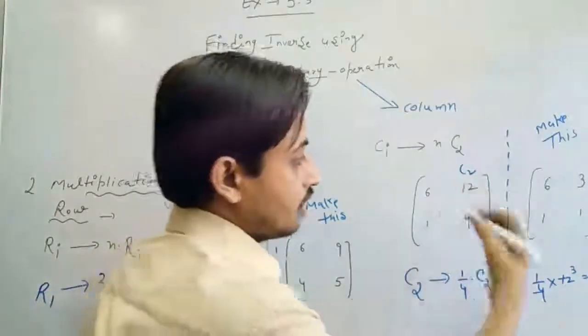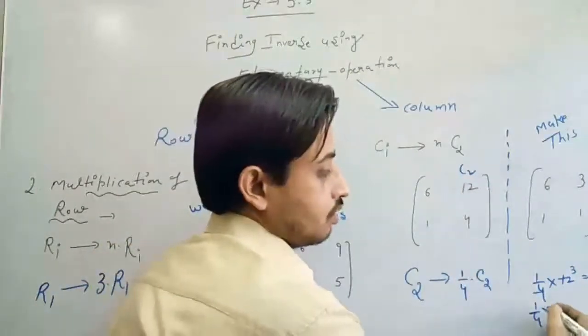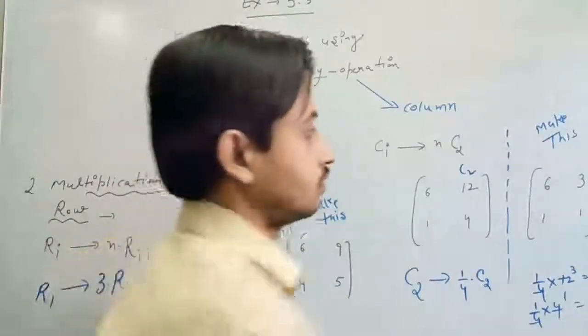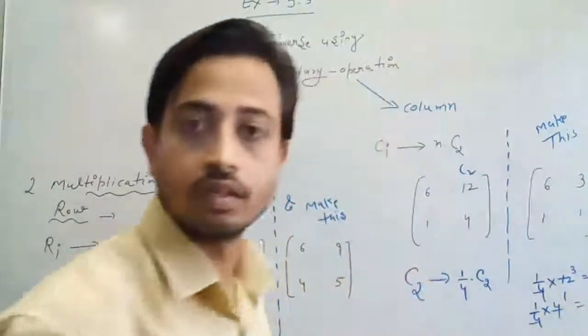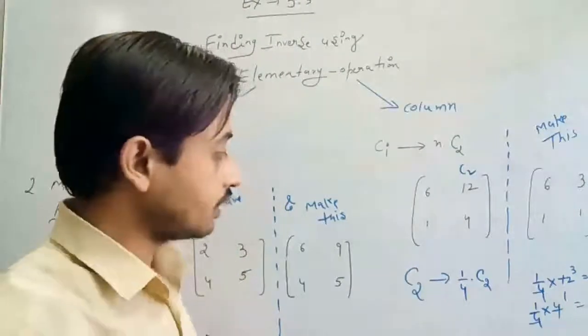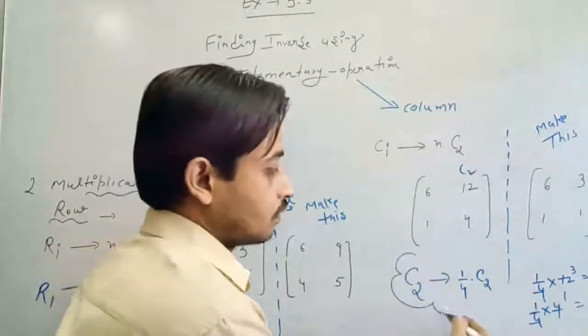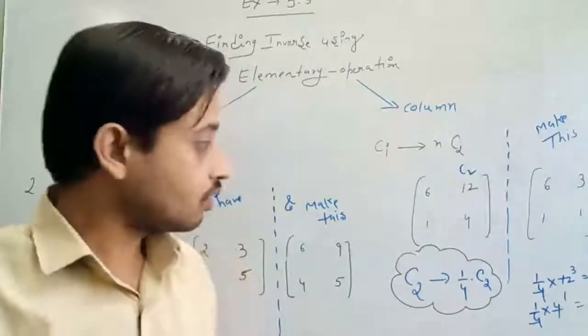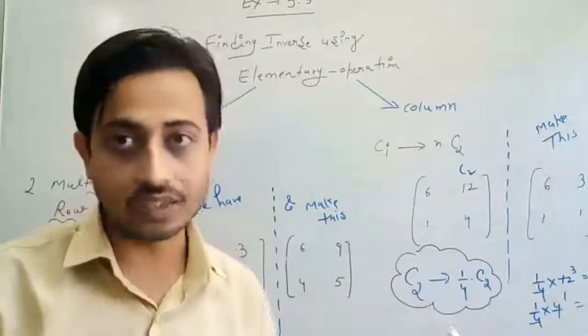Now the second element is 4. 4 1s are 4, so we will get 1. So our operation is C2 multiplied by 1 by 4, C2.